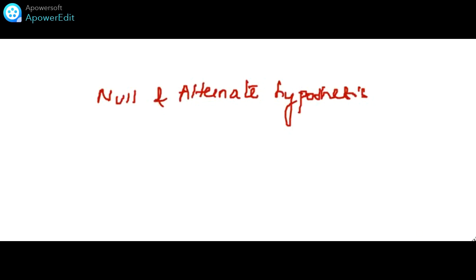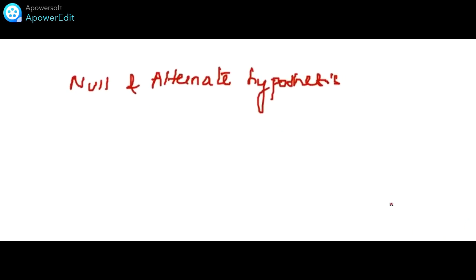So, null and alternate hypothesis. Null hypothesis is what? The null hypothesis states that there is no association between the two variables, and H0 denotes the null hypothesis. Say, for example, there is no effect between persons doing yoga and not doing yoga.